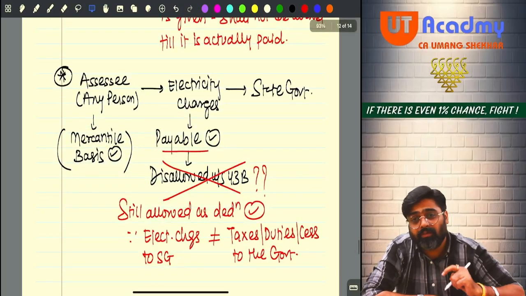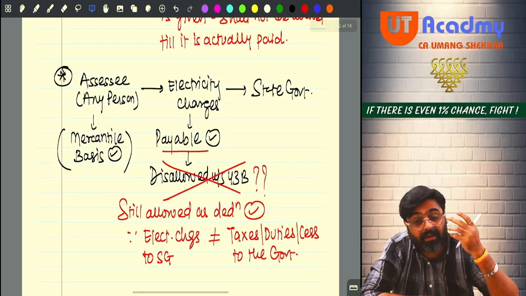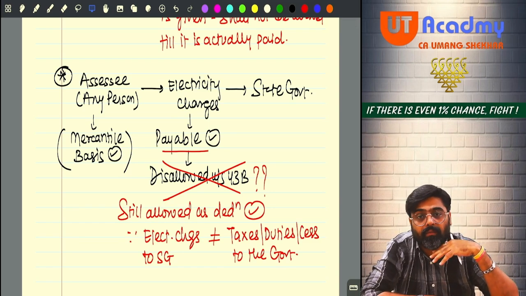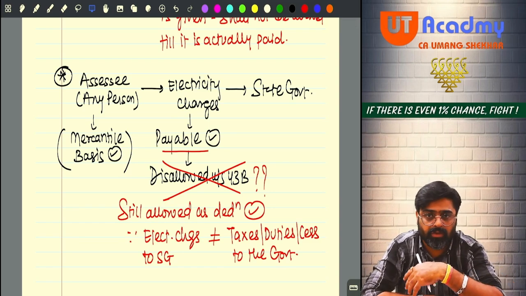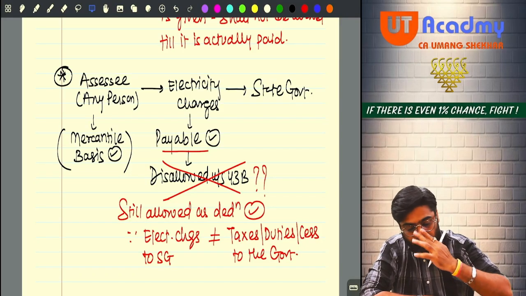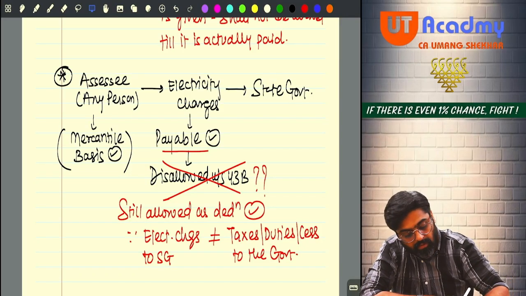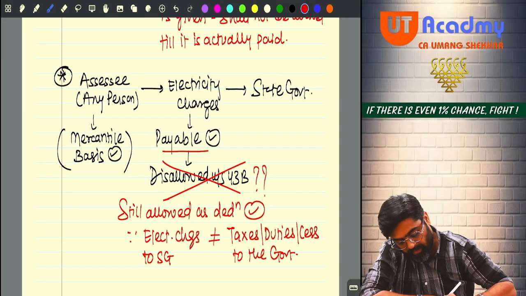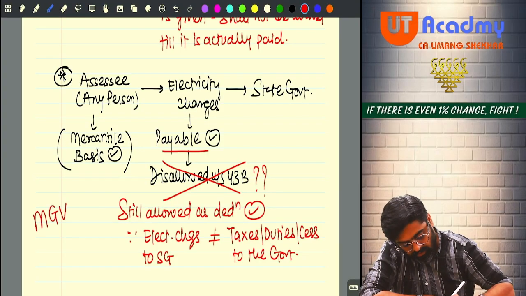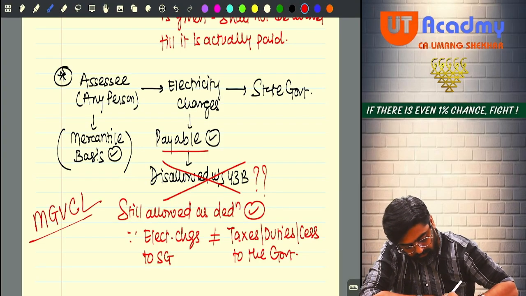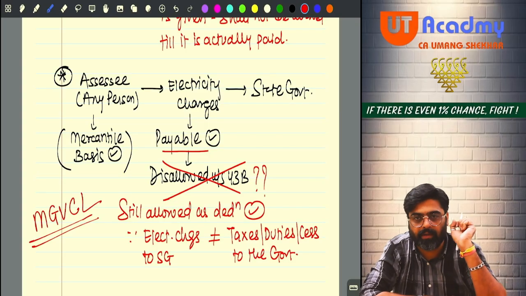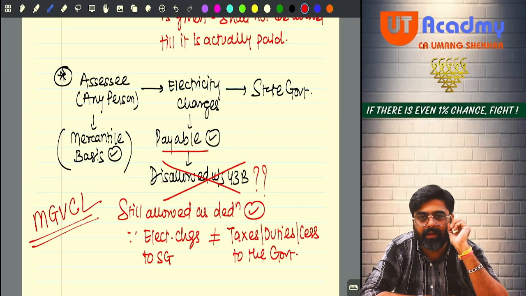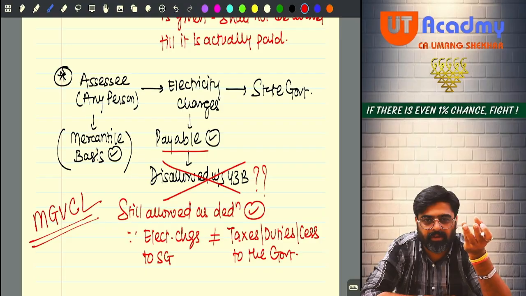Now, see, sometimes we buy electricity from the government. In Gujarat, where I am living right now, there is one government company, MGVCL. This is a government undertaking. In Tamil Nadu, it is TNPCL or something like that.